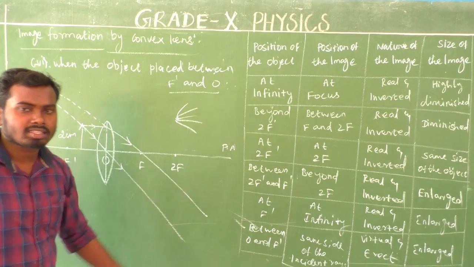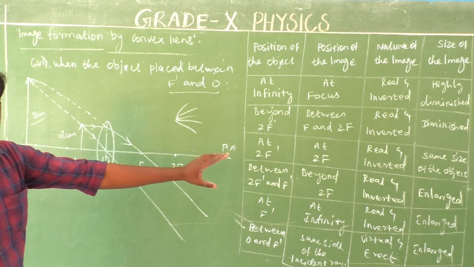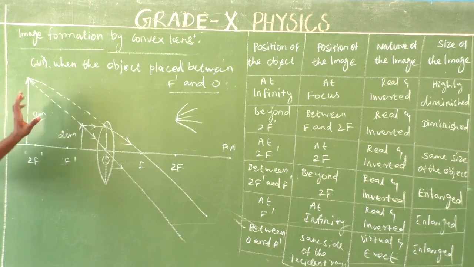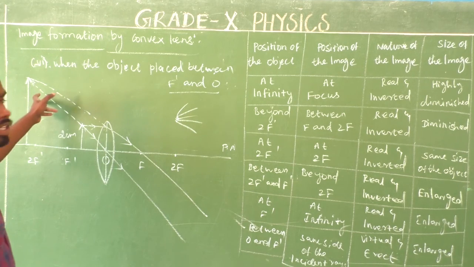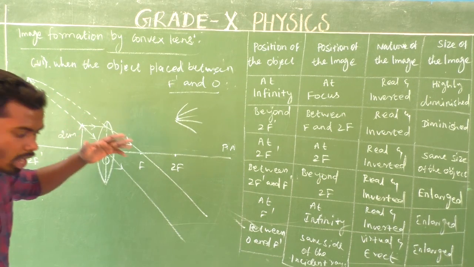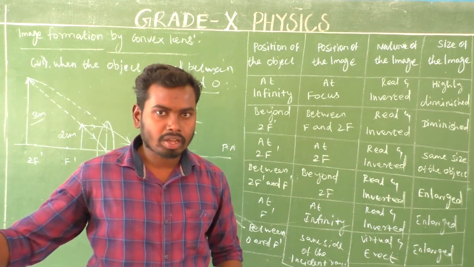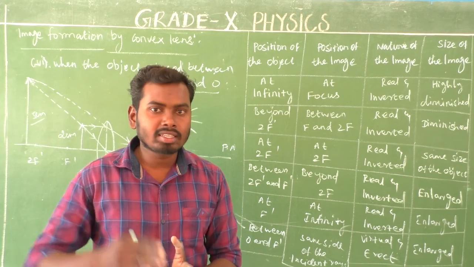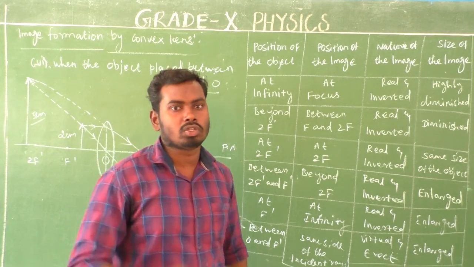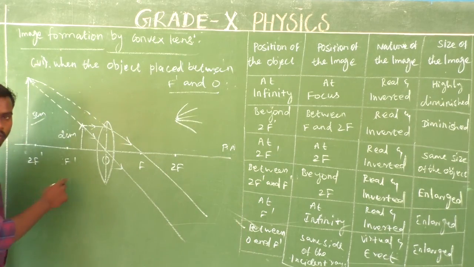Image size increases, and finally the real image converts into a virtual image. So as the object distance decreases, finally the real image changes into a virtual image when the object is placed between O and F. Is it clear?